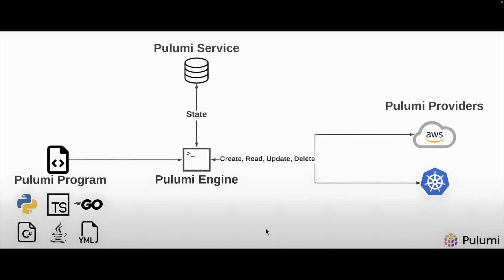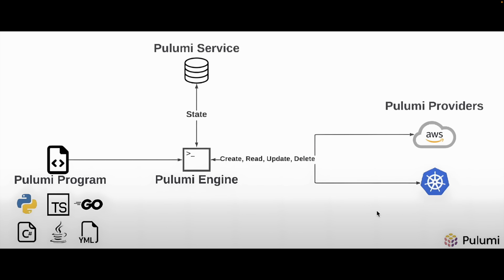The Pulumi engine interprets your Pulumi program. The Pulumi engine works by comparing your Pulumi program's desired state with the existing state, as recorded in your state file. It identifies the discrepancies between the two and determines which resources need to be created, updated, or deleted. This process is facilitated through Pulumi providers.